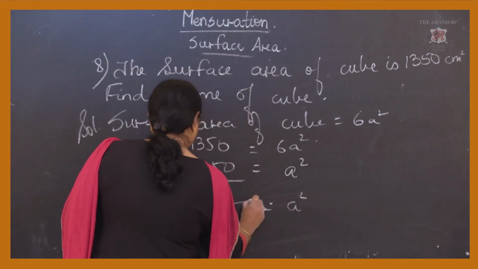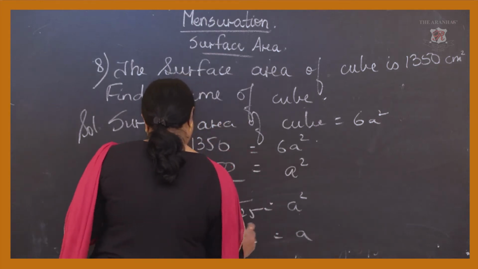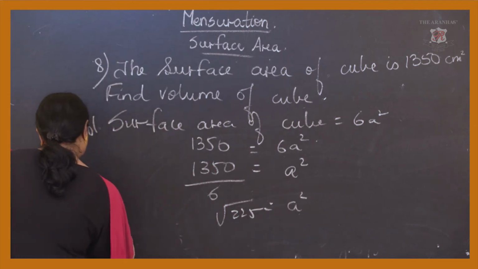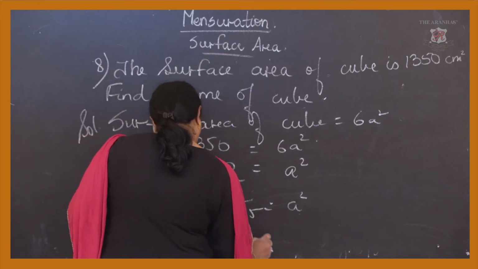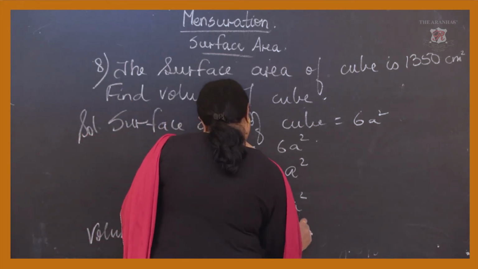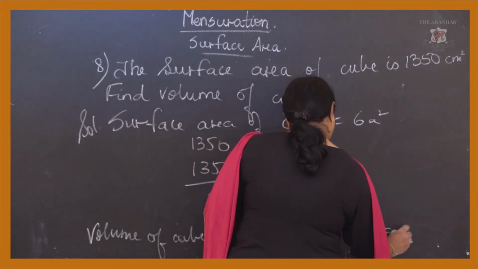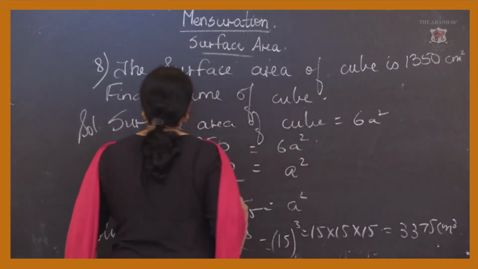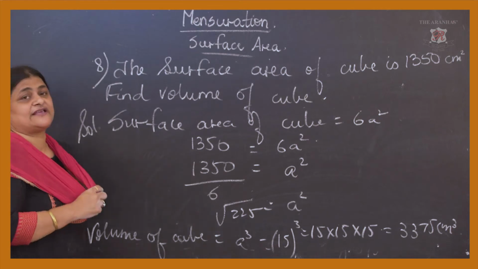A square is equal to 225, so a is 15. Now you have to find out the volume of the cube, that is a cube, that is 15 cube, that is 15 into 15 into 15, which will give you 3375 centimeter cube.